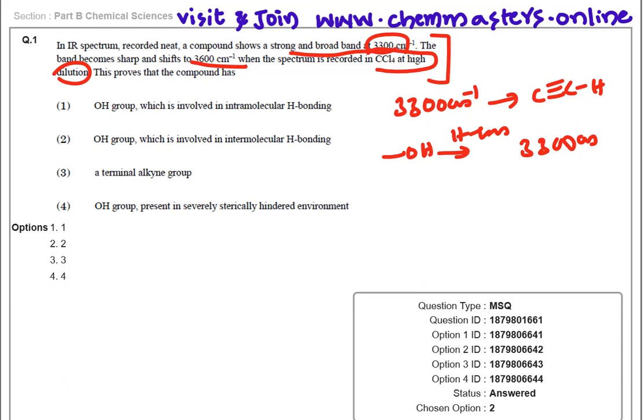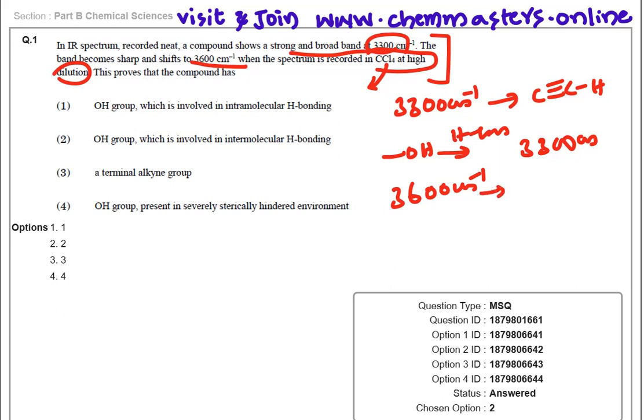That is the second step: whenever the same compound's IR spectrum is recorded in carbon tetrachloride at high dilution, it shows 3600, that is an increased IR frequency value.